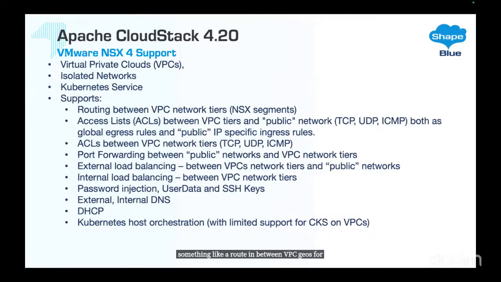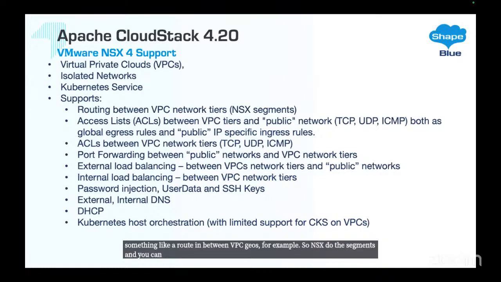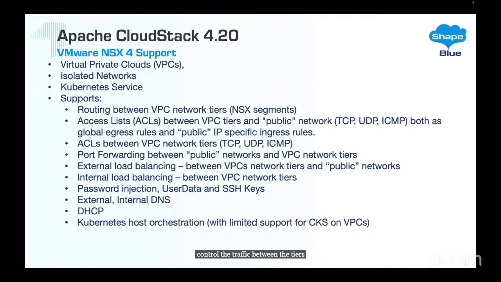NSX does the segments, and you can control the traffic between the tiers. You have access lists between the VPC tiers and also to the public network, similar to the traditional VLAN network.